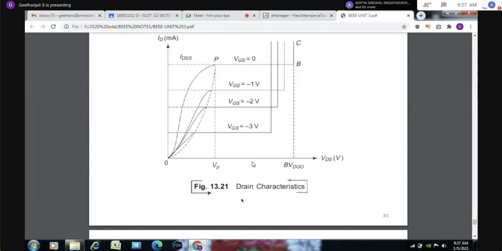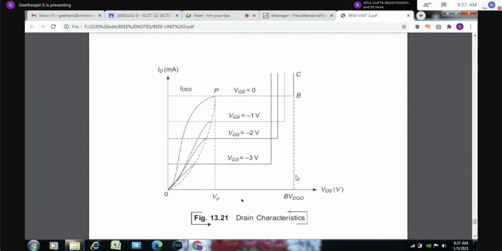They are drawing the graph between the drain-to-source voltage VDS and the drain current. Till the pinch-off voltage, the characteristic curve is linear, then it gets saturated, and then ID keeps increasing.